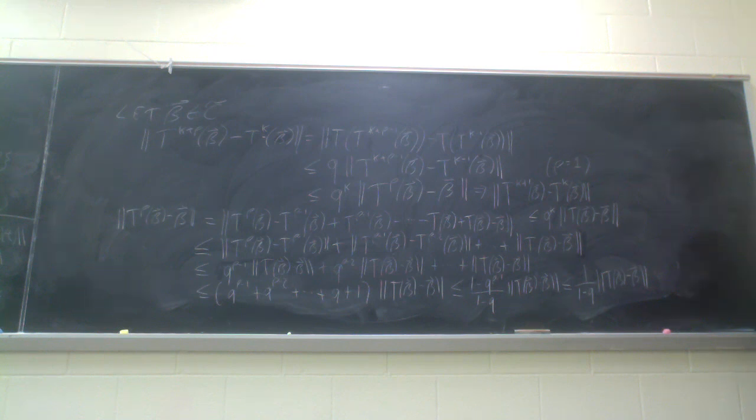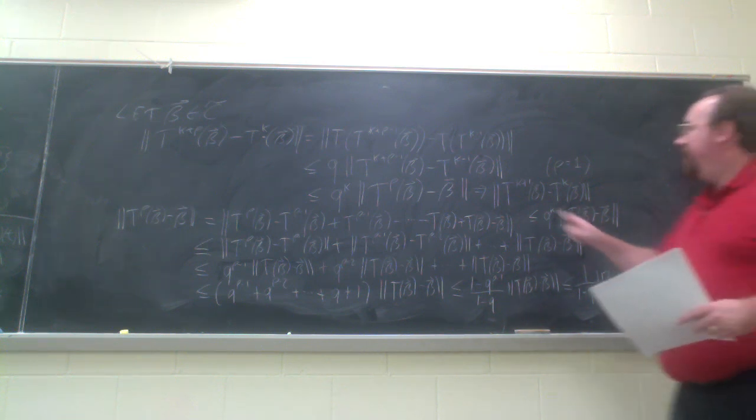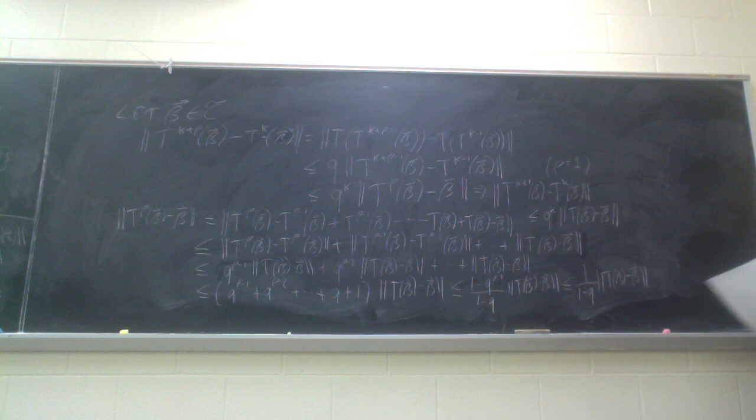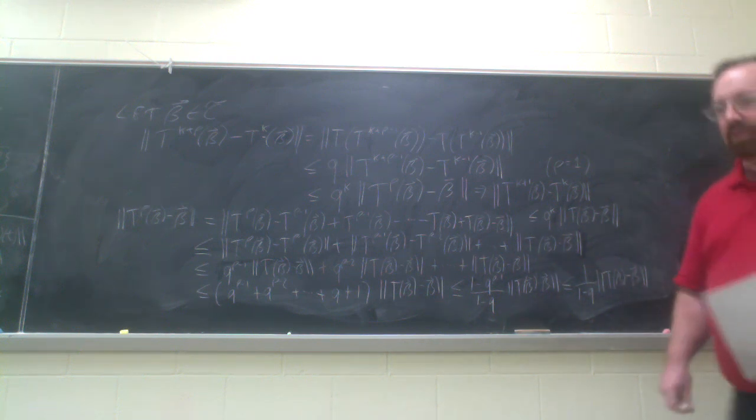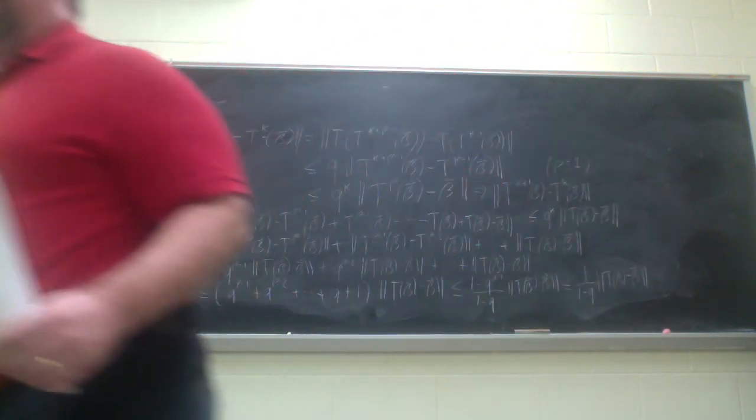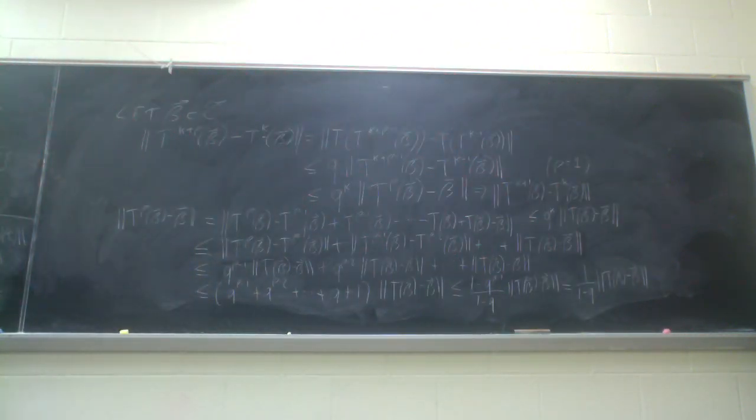Now, actually I have 3 results on this board. So now I can combine this result up top with this result down below and get something more useful. And I'll repeat what I'm combining just so you can more easily see.